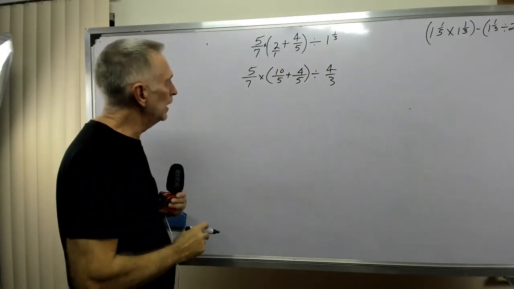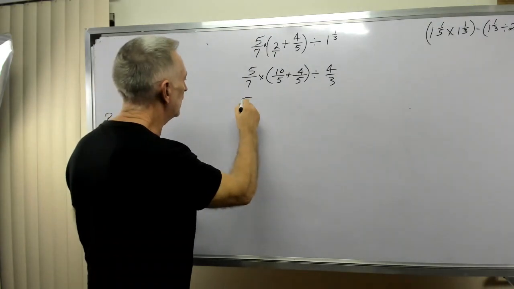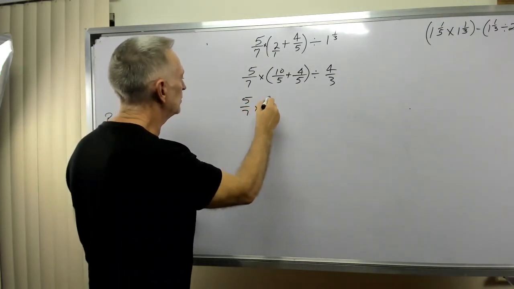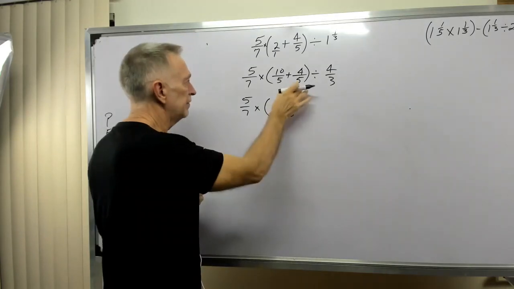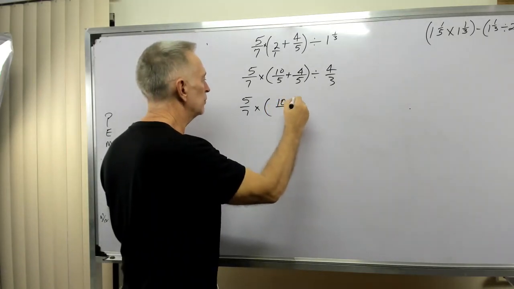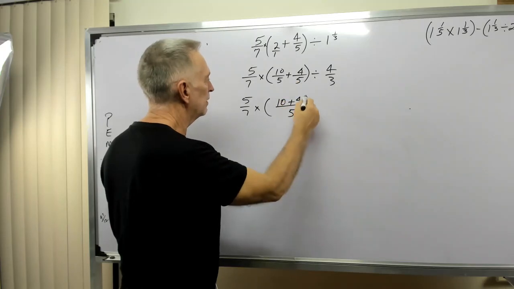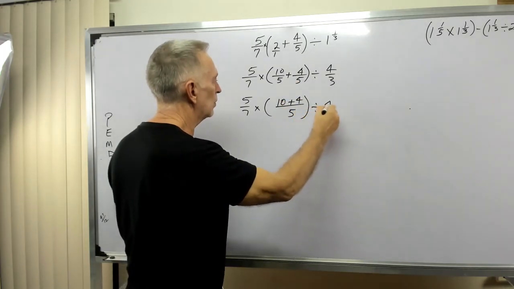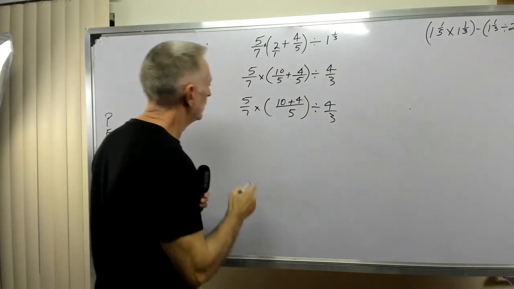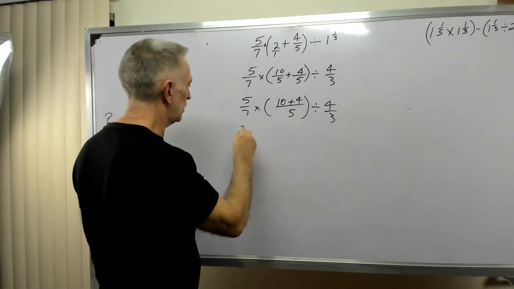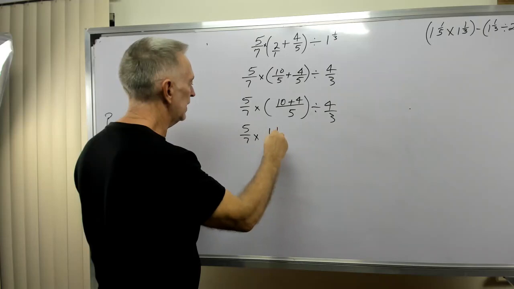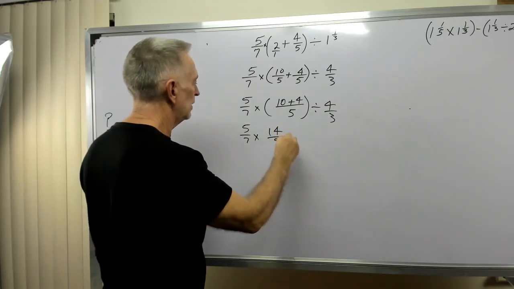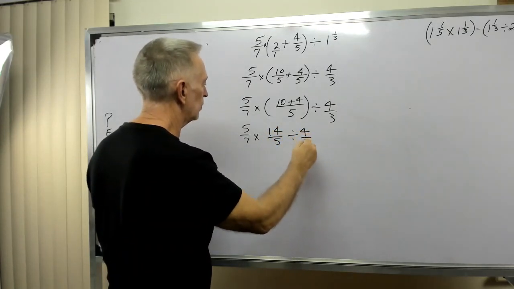All right, now then, we have 5 over 7 times this, both of them are over 5 now, 10 plus 4 over 5 divided by 4 over 3. Okay, so this becomes 5 over 7 times 14 over 5 divided by 4 over 3.